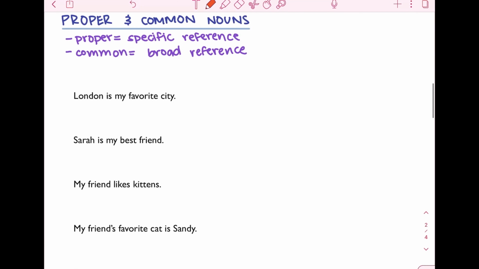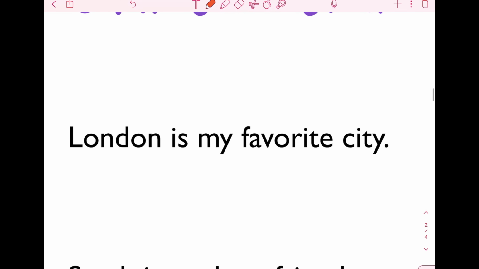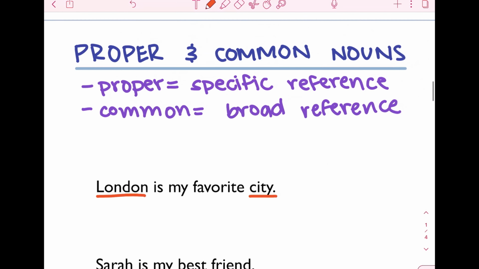So let's look at the next couple of sentences. London is my favorite city. So here we have London and city. London in this case is going to be a proper noun, and oftentimes proper nouns are indicated by the capitalized letter, but not always. This is a very specific reference to a very specific city, so it makes sense why London is a proper noun.